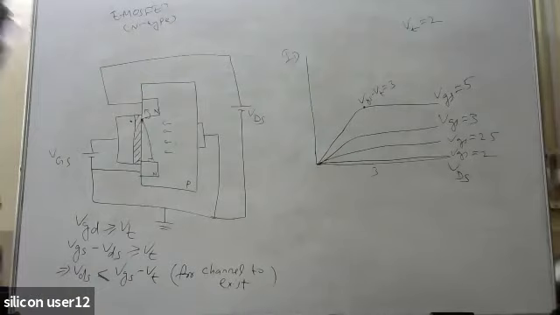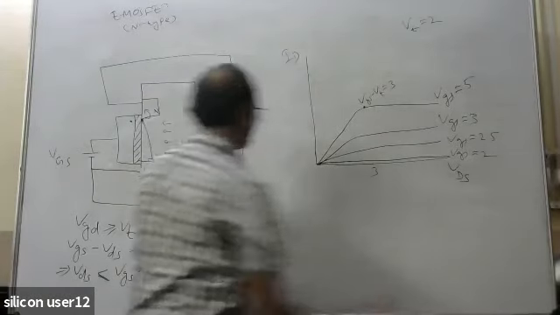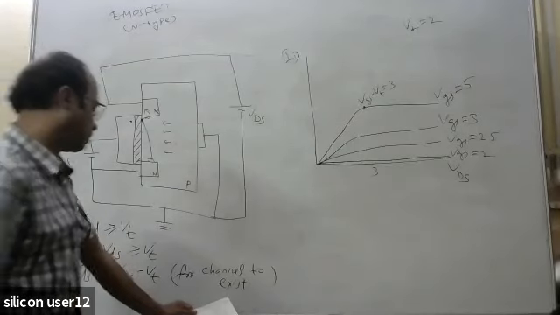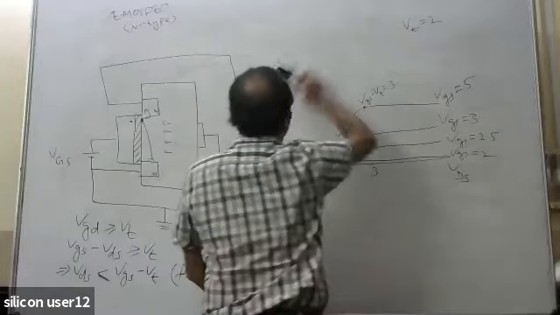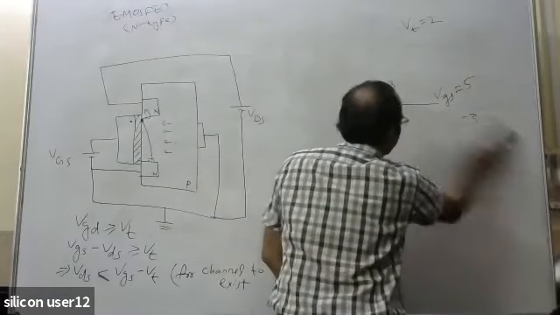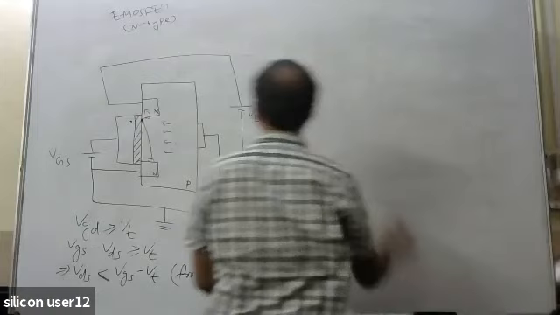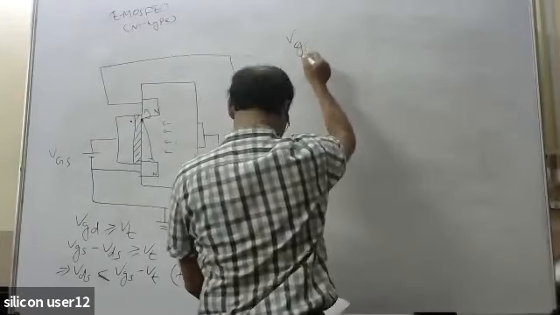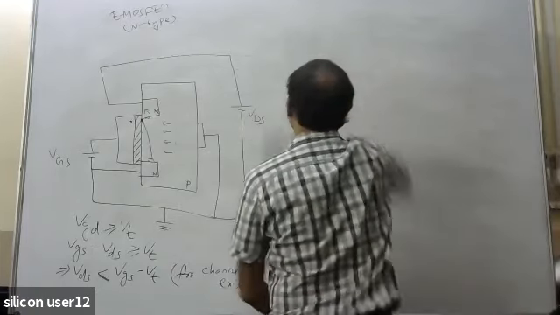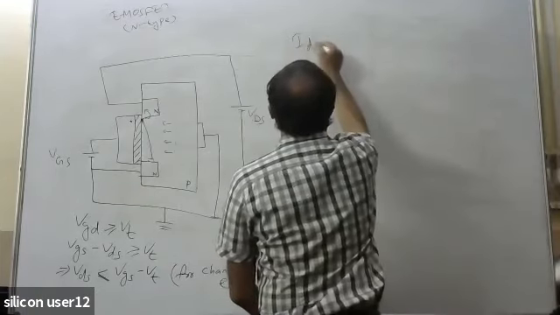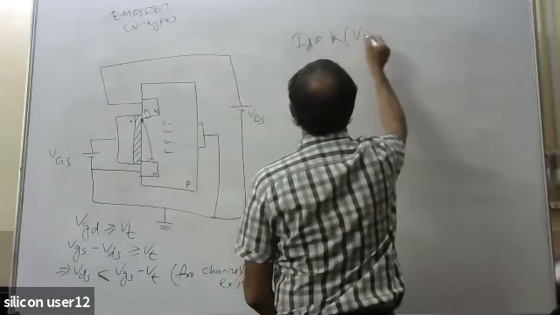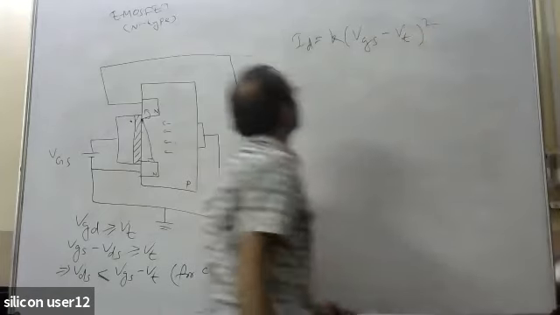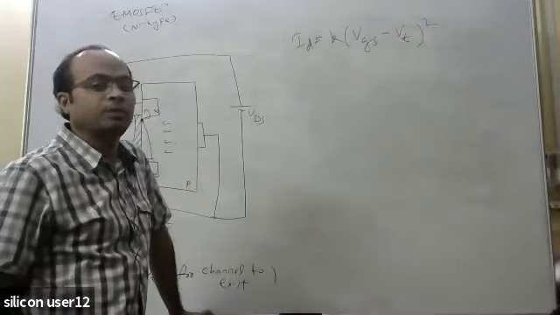Now just one more formula we'll see, which relates the ID with your VGS and VT. ID equal to K into VGS minus VT whole square.